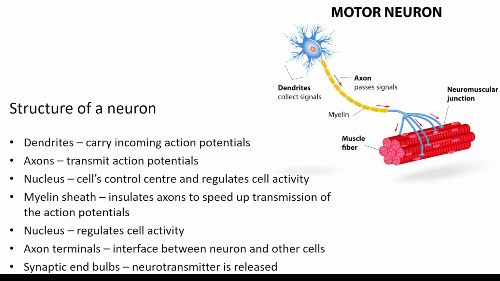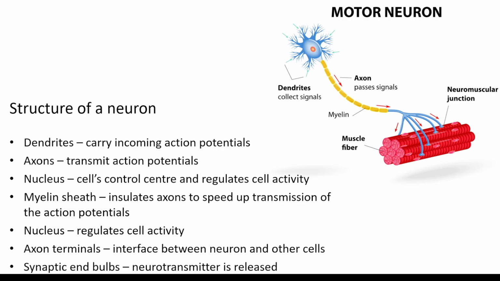Think of a normal electrical wire. It's normally a metal wire surrounded by a rubber casing. It's exactly the same as what our body does. We have this casing around the axon to speed the signal up and stop it from bouncing all over the place. And then you've got the nucleus inside that cell, which is effectively the brain of the cell. It's what keeps it alive, keeps it functioning. And then, like I say, all of those will come down and attach onto the muscle fiber.